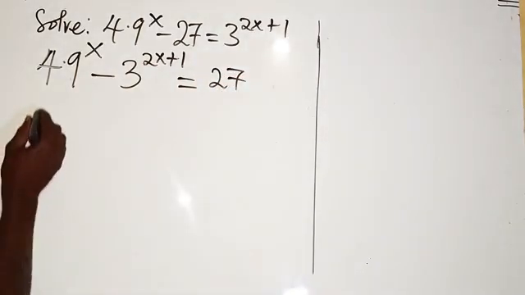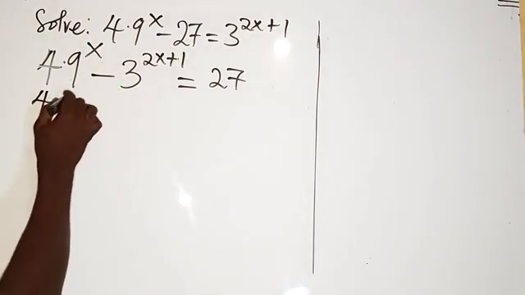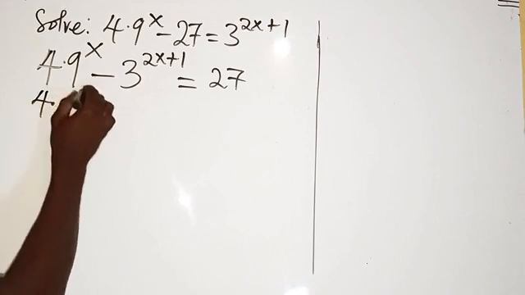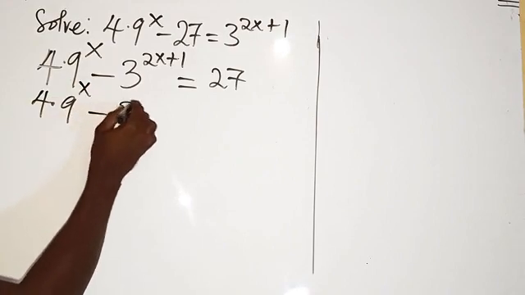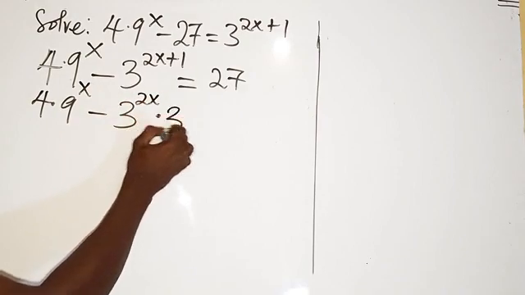So from there we can also rewrite this second term. So we have 4 times 9 to the power x minus 3 to the power 2x times 3 to the power 1.